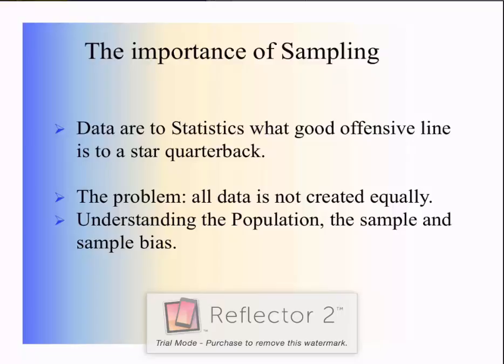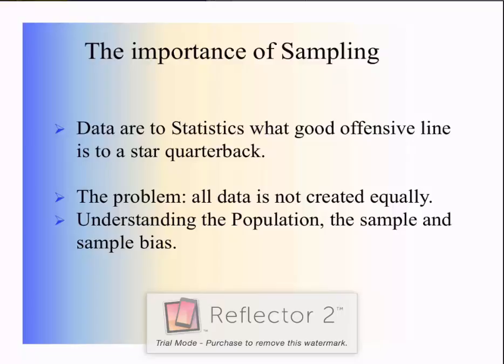As simple as that sounds, let me tell you, it is so often a problem in all kinds of statistical studies. The population is what we're trying to show. It is the population of interest, and it should be represented in your sample.